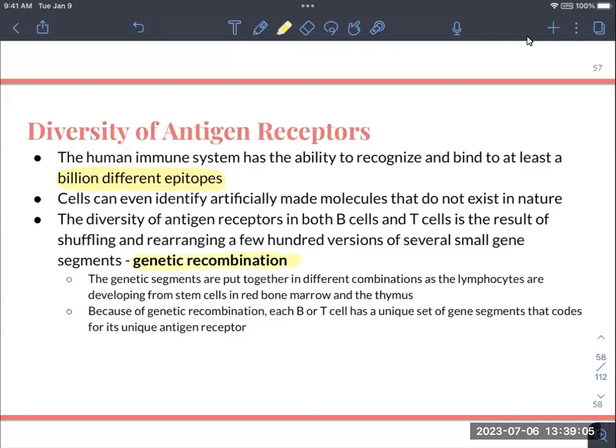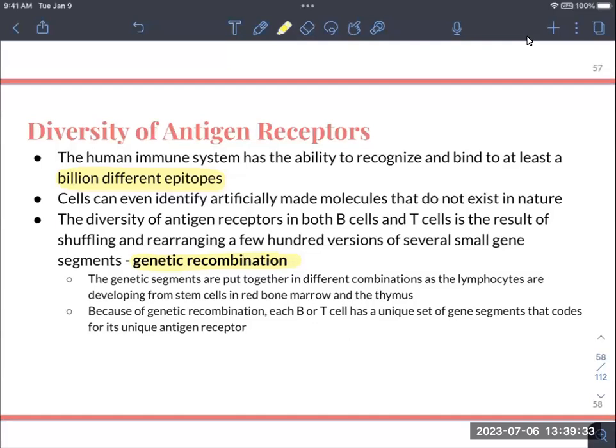So the genetic segments are put together in different combinations as these lymphocytes are developing from these stem cells in the bone marrow and maturing in the thymus. So these different genetic recombinations can code for each unique antigen receptor.